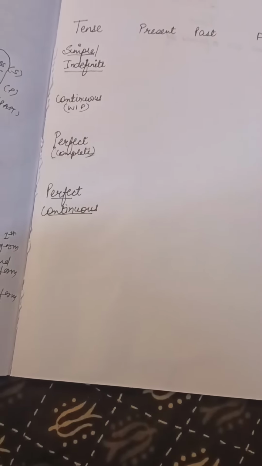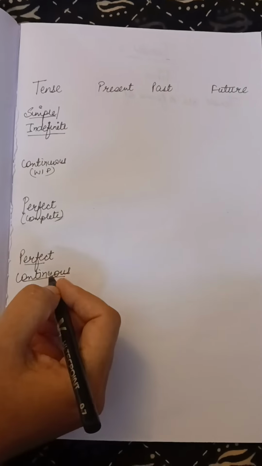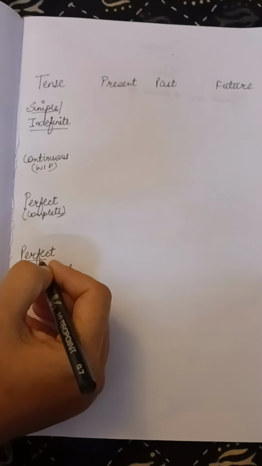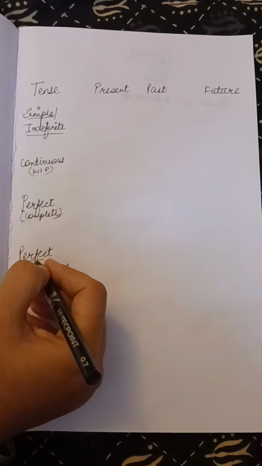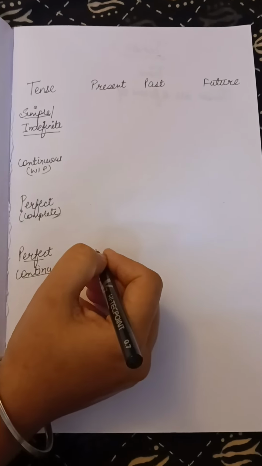Perfect continuous represents the action that began in the past but is running at the moment, that is present perfect continuous. I repeat, if the action started in the past and is running at the moment, that is present perfect continuous.